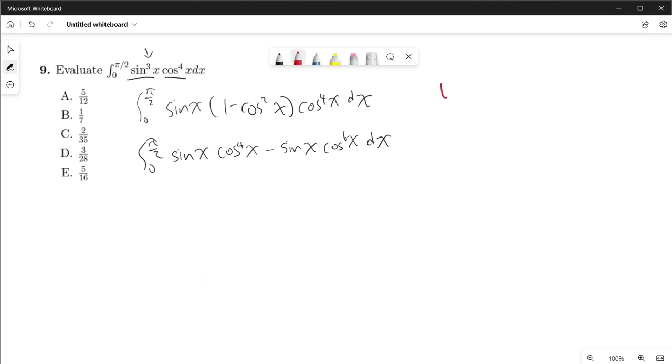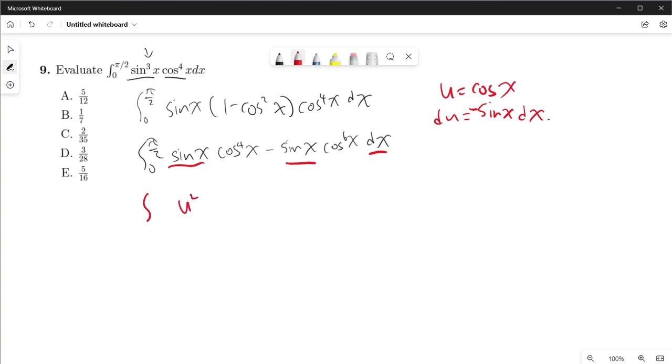And from the side, we can write the u sub. If I let u equal cosine x, du then is negative sine x dx. Right, and then we can just u sub for this, and then the sine x part will disappear with the dx. Alright, then we do not worry about the limits of integration for now.